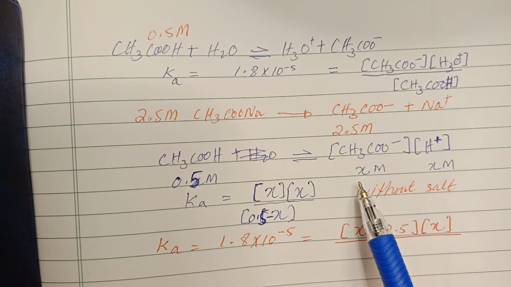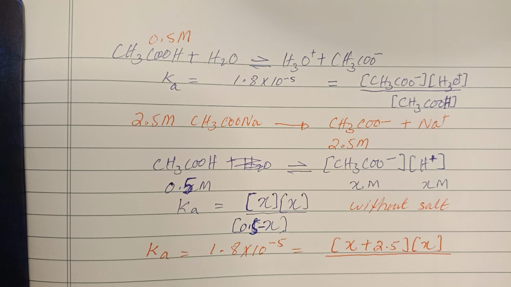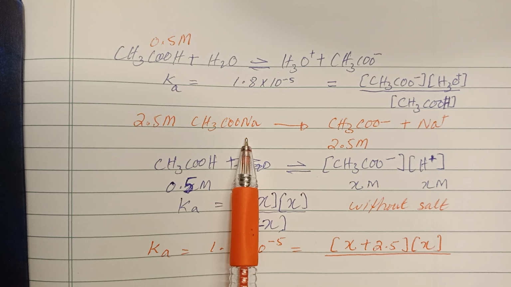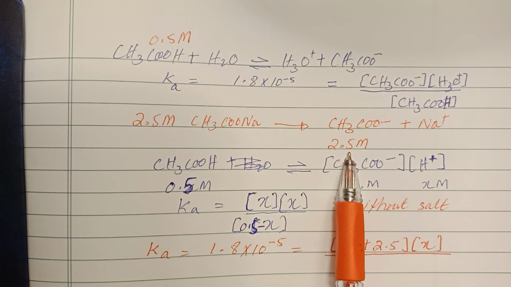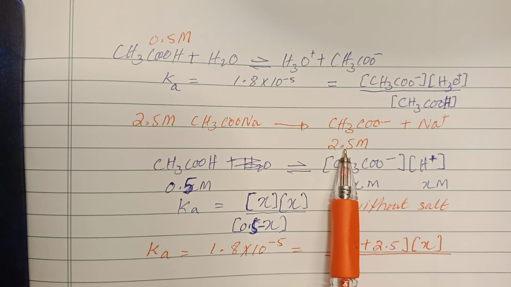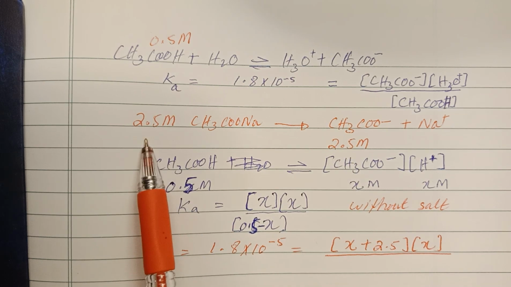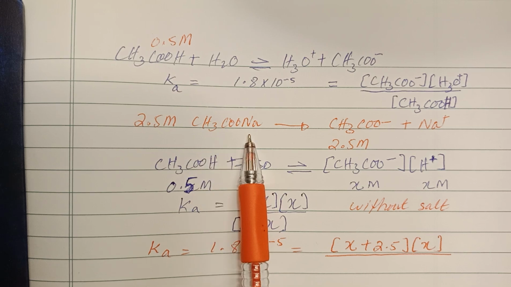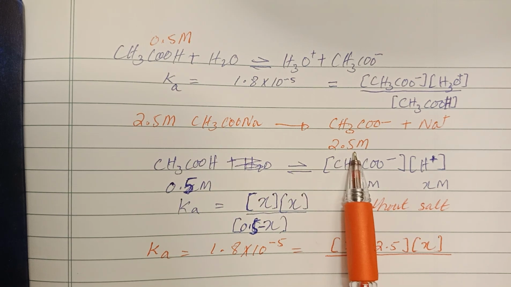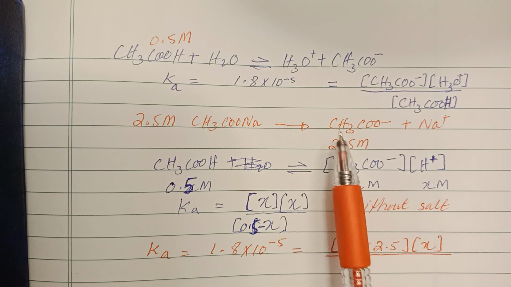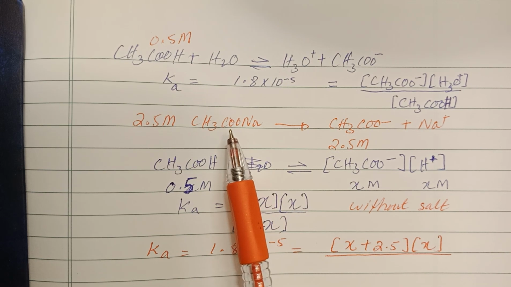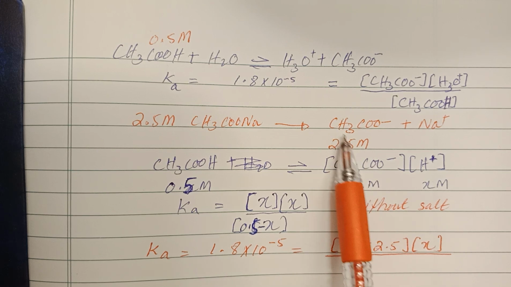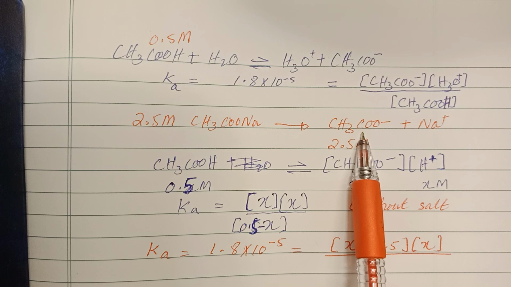ions generated. With the addition of this sodium acetate salt we have an excess number of acetate ions. So if we are using 2.5 molar sodium acetate, then it will generate 2.5 moles of acetate ion. So for this addition we have an extra 2.5 molar acetate ion.